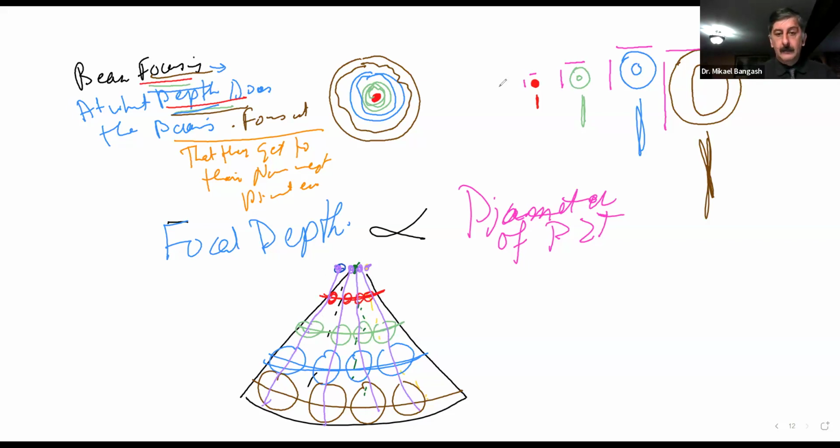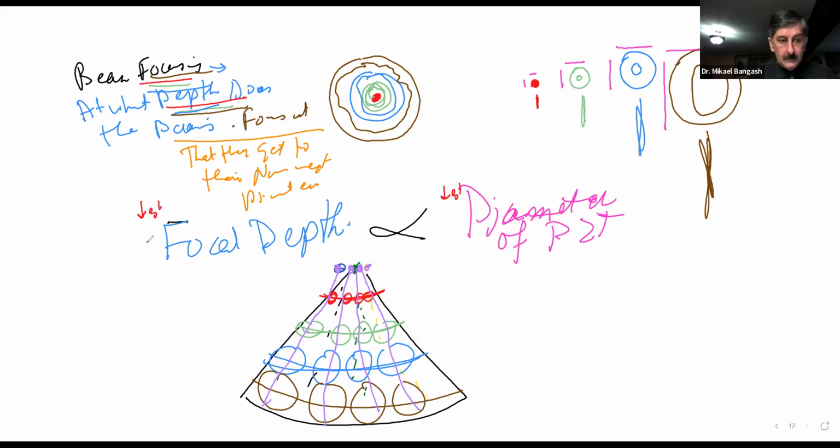The concept mainly is that the smallest piece of PCT, which was going to be the central one, would focus at a shallow depth, or we can say the lowest focal depth, because that was the smallest PCT in terms of diameter.